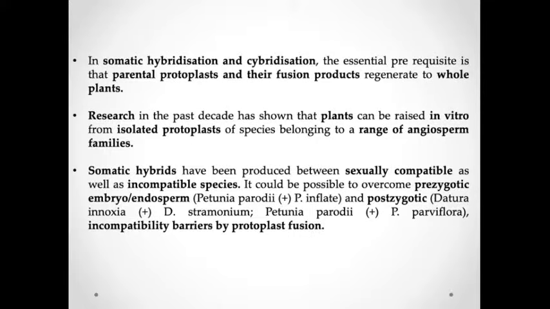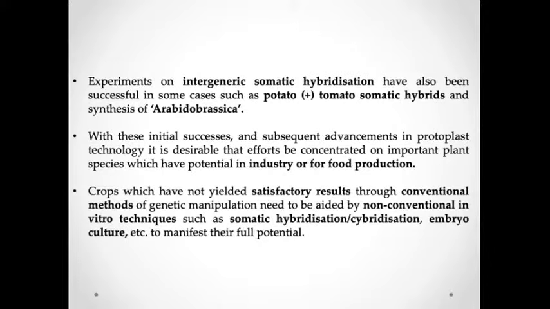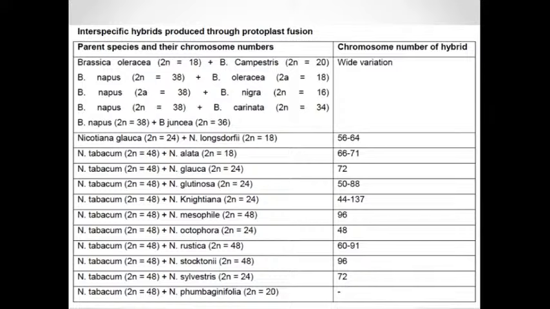Further, researchers in past decades have shown plants can be raised in vitro from isolated protoplasts, ranging across angiosperm species. So these are the various examples telling us how various species are done. This is interspecific hybrids produced through protoplast fusion: Brassica oleracea, Brassica campestris. The chromosome number of hybrids showed wide variation.